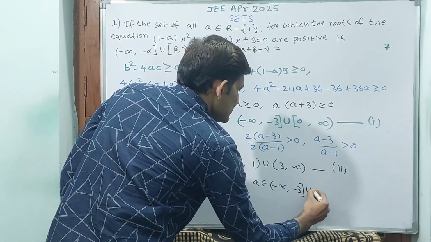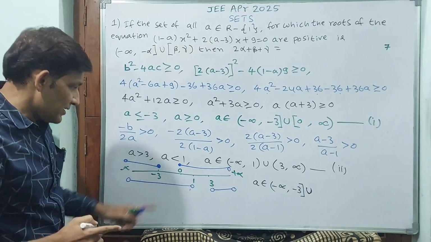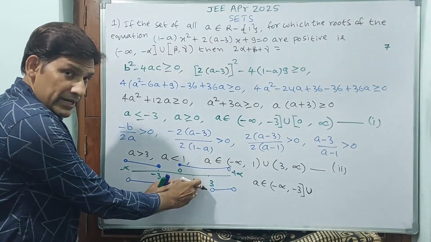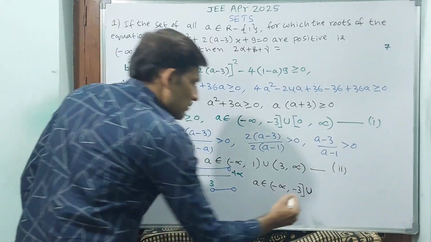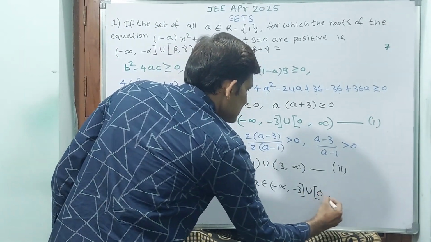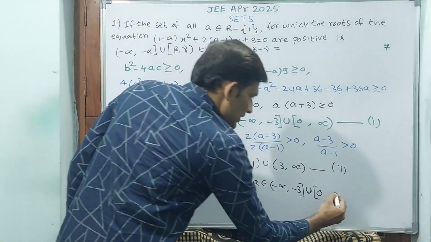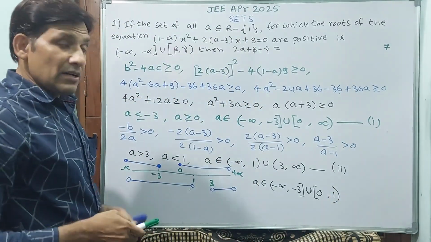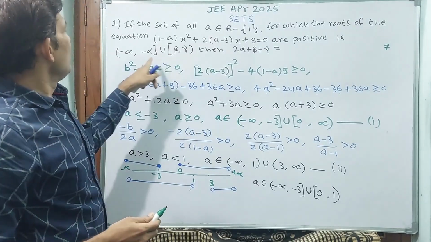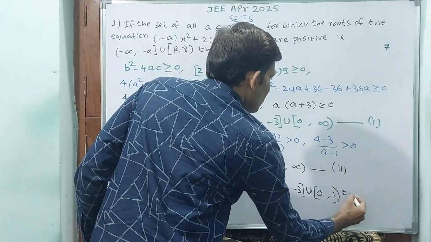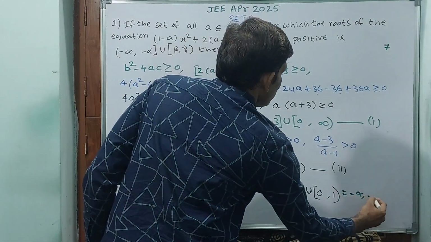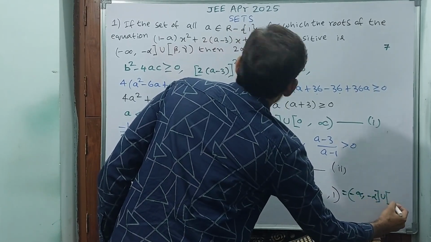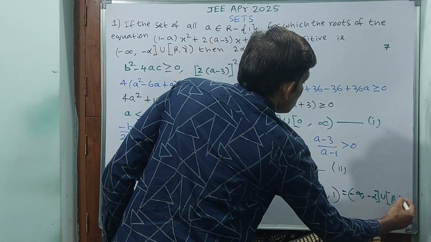Union, next, 0 to 1, because 0 is a closed bubble and 1 is an open bubble. Finally, this is your answer: minus infinity to minus alpha, union beta to gamma.